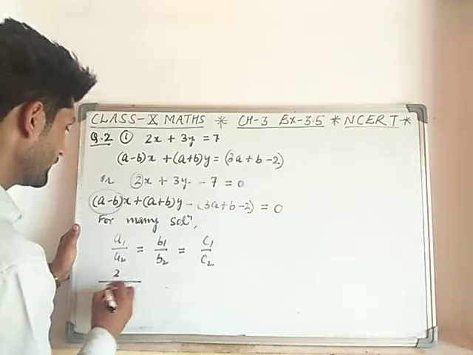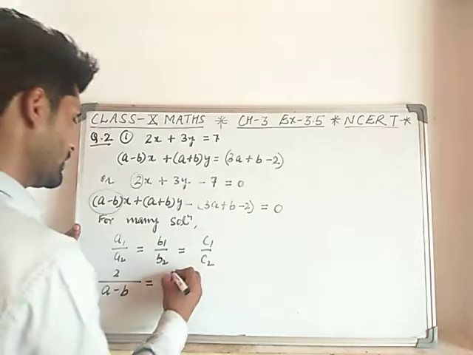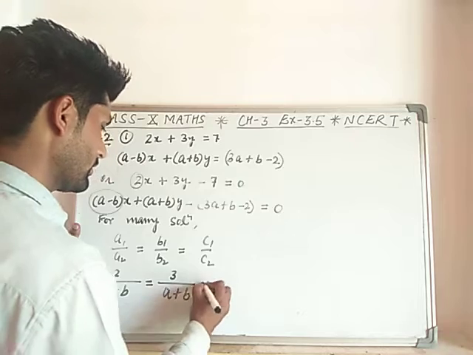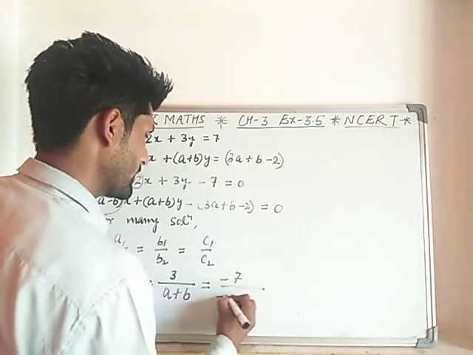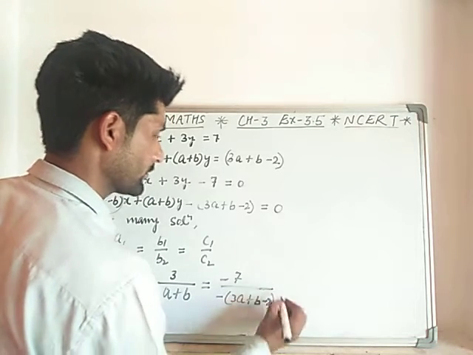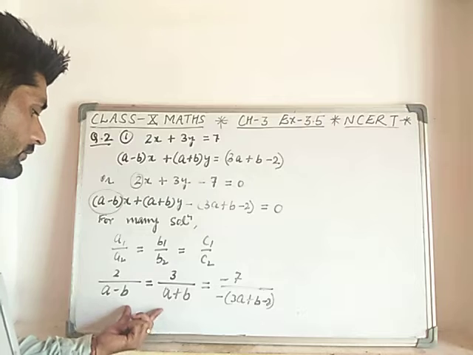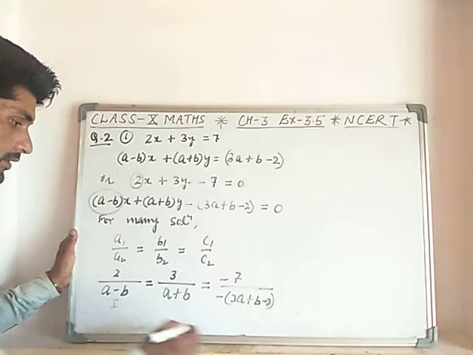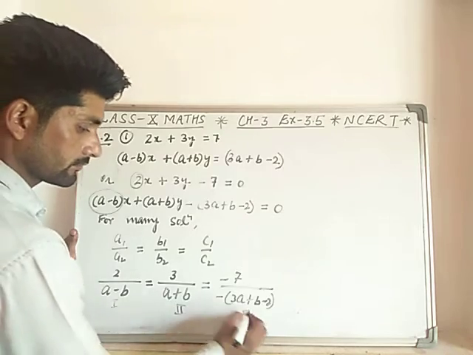So 2 upon A minus B is equal to 3 upon A plus B is equal to minus 7 upon minus 3A plus B minus 2. Okay? On solving this, first and third, and then second and third.